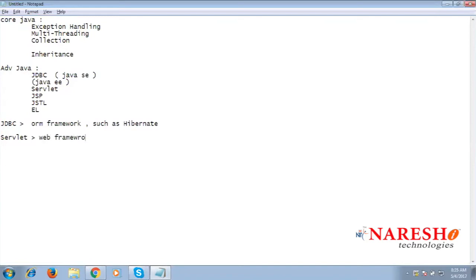In the Java platform you'll find a lot of web-related frameworks, such as Struts, Velocity, Spring Web MVC, and so on. The list is very long.